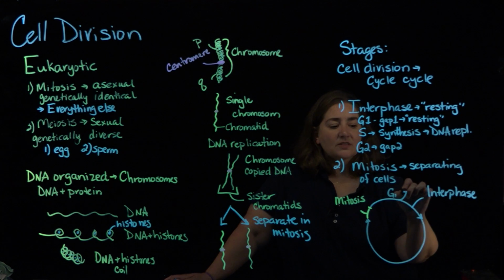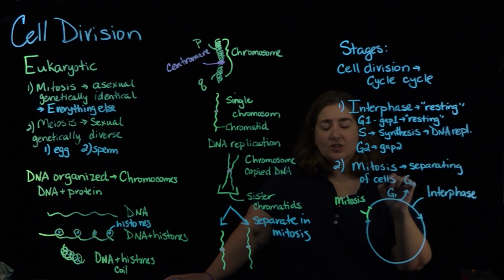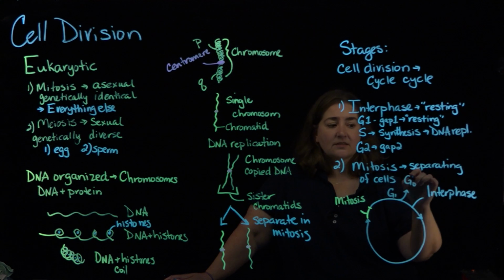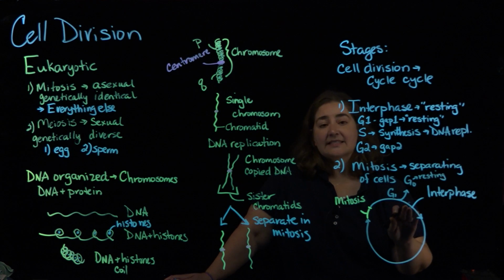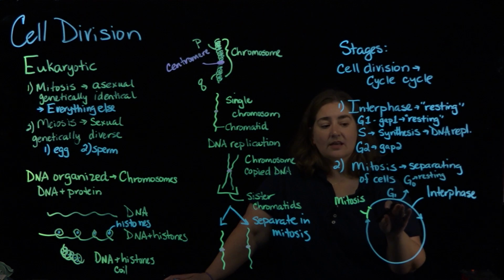You may also see some books describe this as a G0 or a G0 phase, which would truly be resting, okay? But really, we can't see any physical changes in the cell during G1, okay?